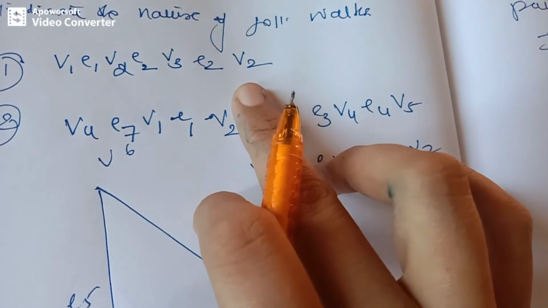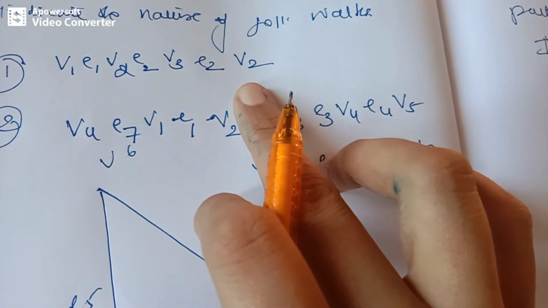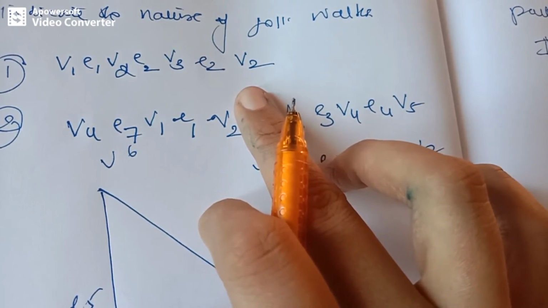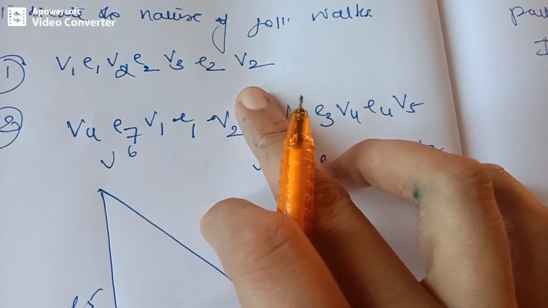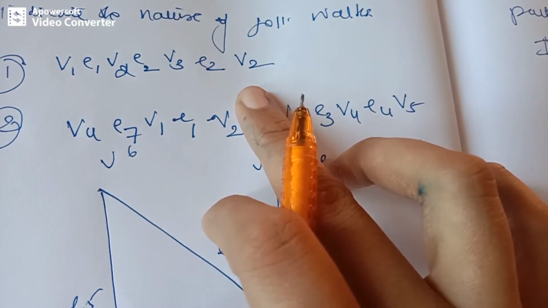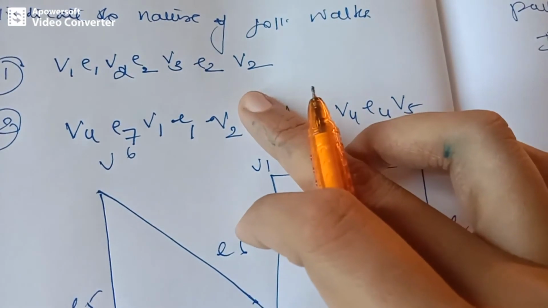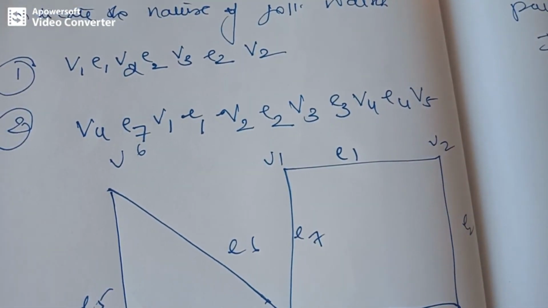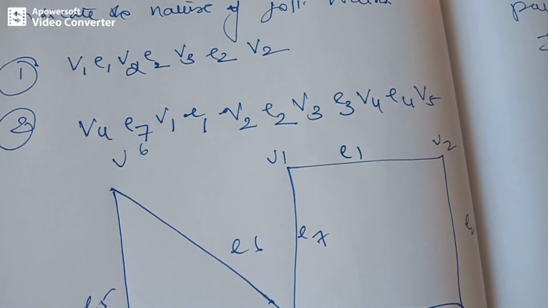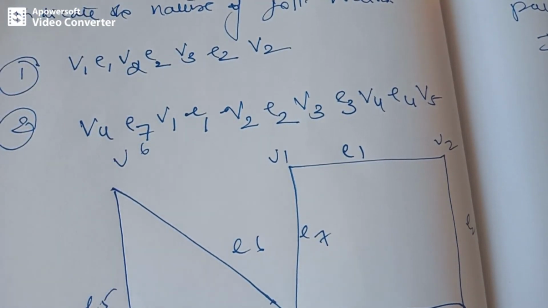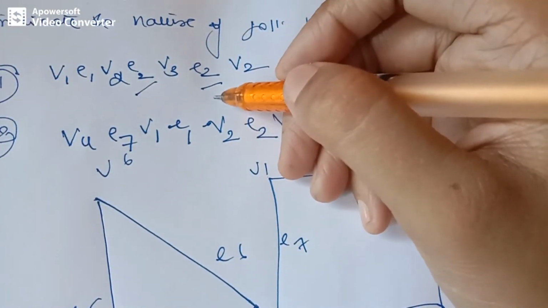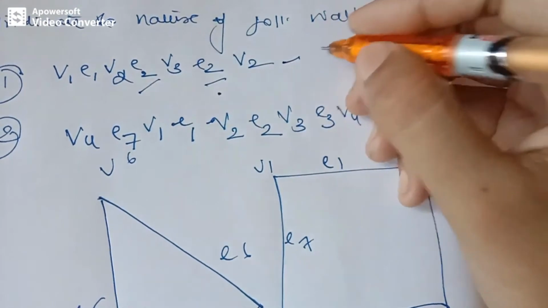In terms of a trail, what is the concept of a trail? A trail is basically an open walk in which no edge appears more than once. But here you can observe E2 edges are repeated, therefore it is not a trail.